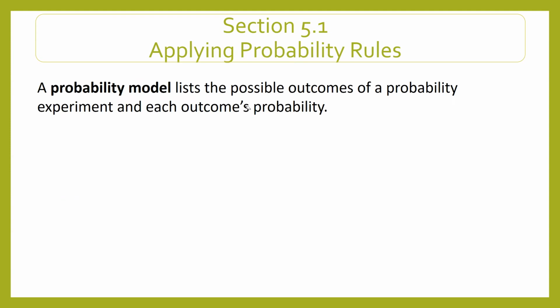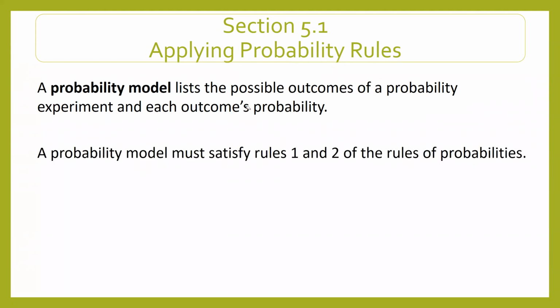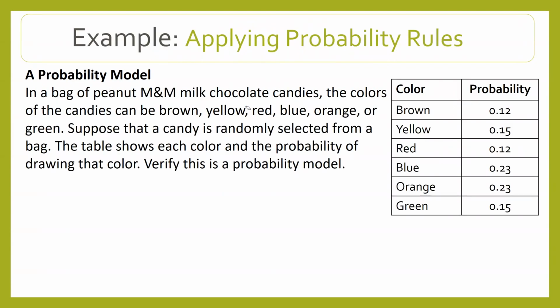All right, so what is a probability model? A probability model lists the possible outcomes of a probability experiment and each outcome's probability. So a probability model must satisfy rules 1 and 2 of the rules of probabilities, as we've stated in the previous slide. For example, in a bag of peanut M&M milk chocolate candies, the colors of the candies can be brown, yellow, red, blue, orange, or green.